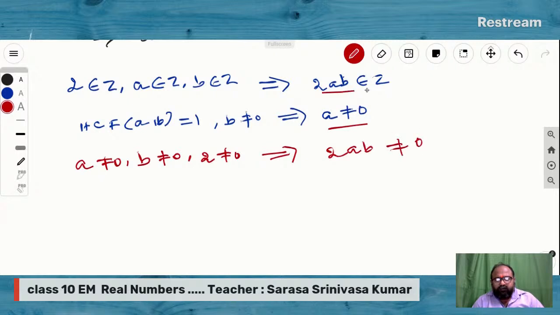So now we got an important result. The denominator is also an integer and 2ab is not equal to 0.